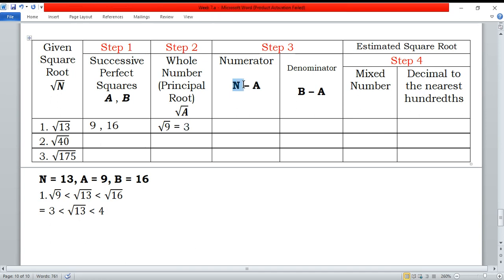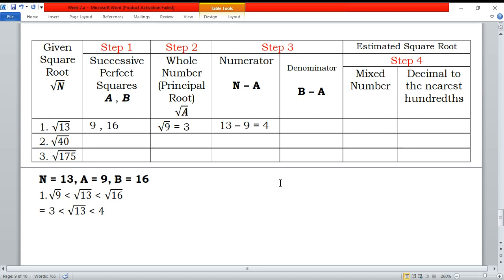So, N minus A. Ang N minus A natin dito will be, what is N? Ang N ay 13. Minus, ang A natin ay 9. Okay? So, what is 13 minus 9? Equals 4. Ayun. So, numerator natin ay 4.